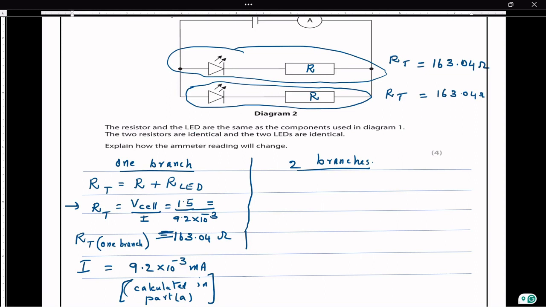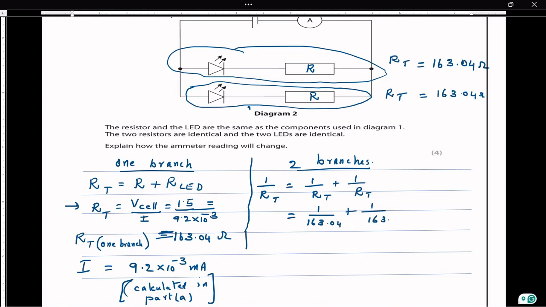And the total resistance of a parallel connection, we studied, is 1 over R total equals 1 over RT plus 1 over RT, the sum of the reciprocals of the individual ones. On substitution, 1 over 163.04 plus 1 over 163.04.